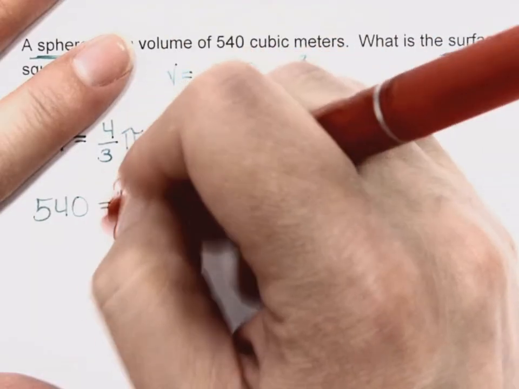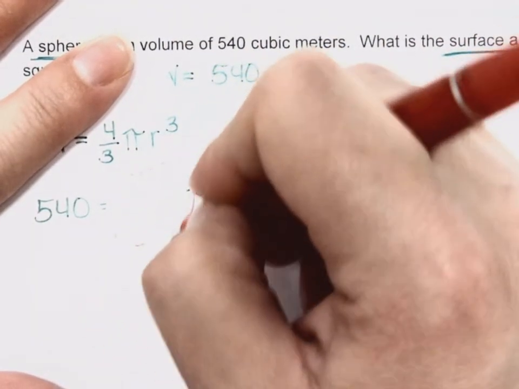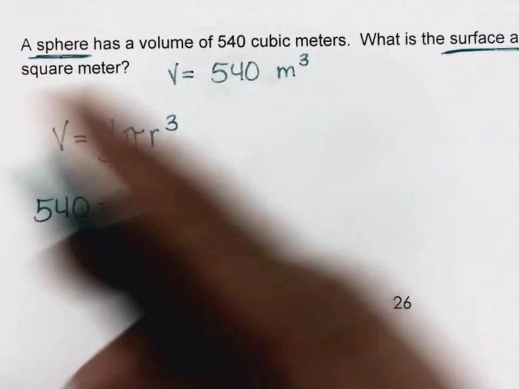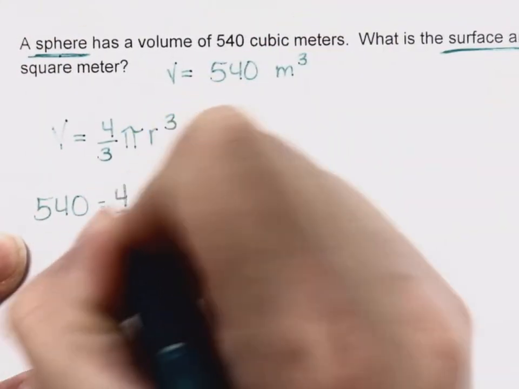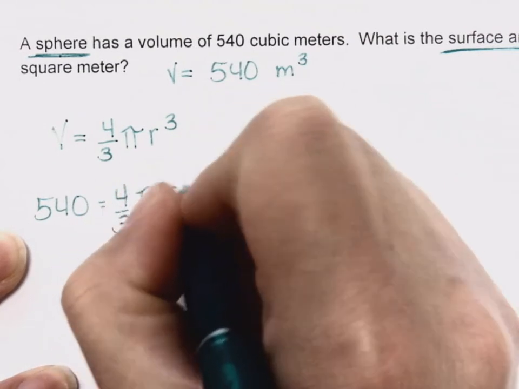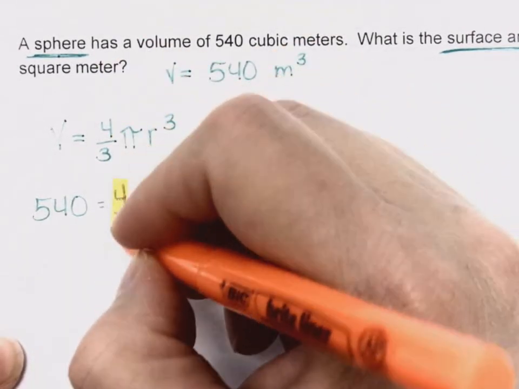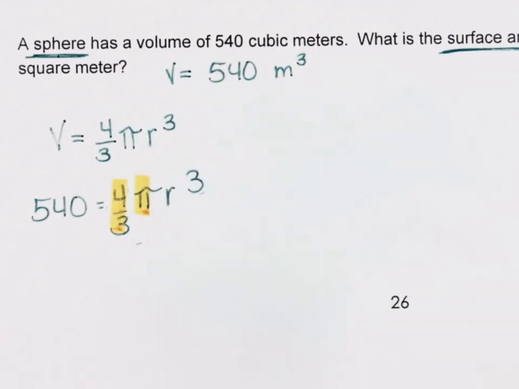Oh, I'm erasing everything now. Okay, we need to get rid of that, because eventually we want r by itself. Right now we're going to work on getting r cubed isolated to one side.